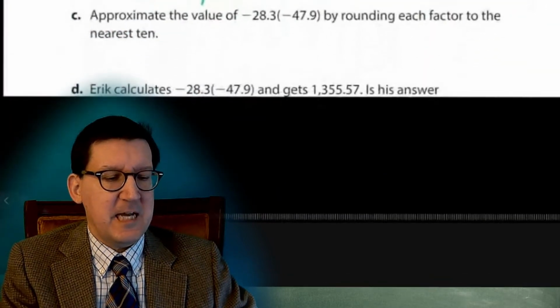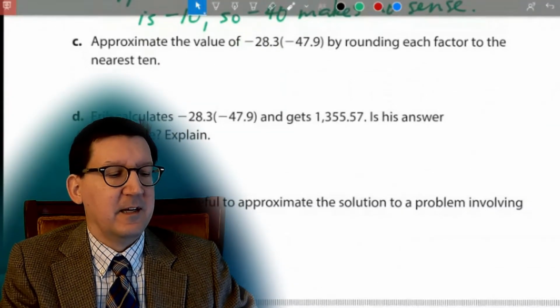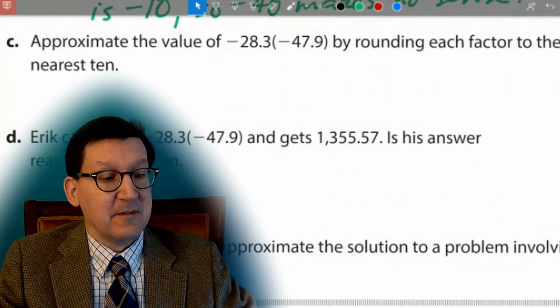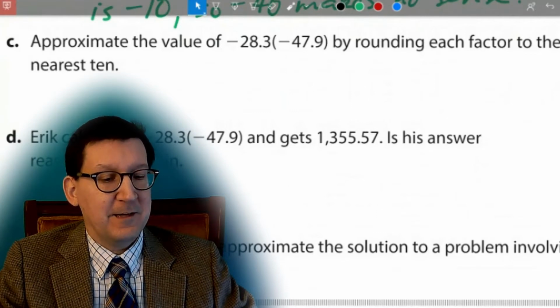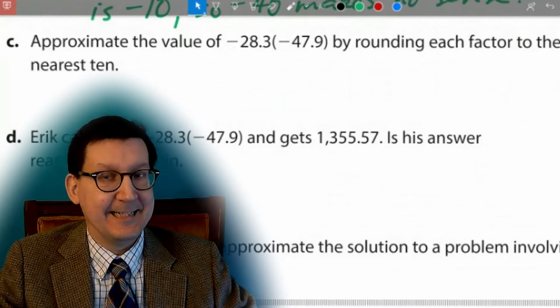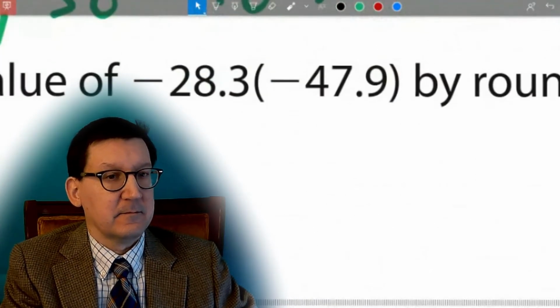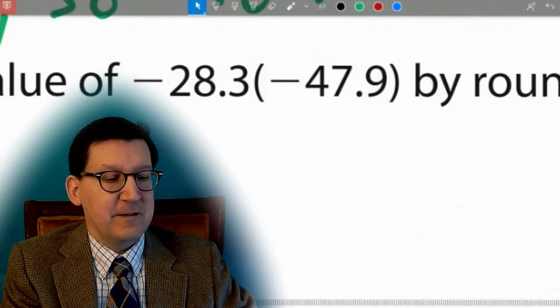Let's look at question C. Approximate the value of negative 28.3 times negative 47.9 by rounding each factor to the nearest 10. So how do we round to the nearest 10?